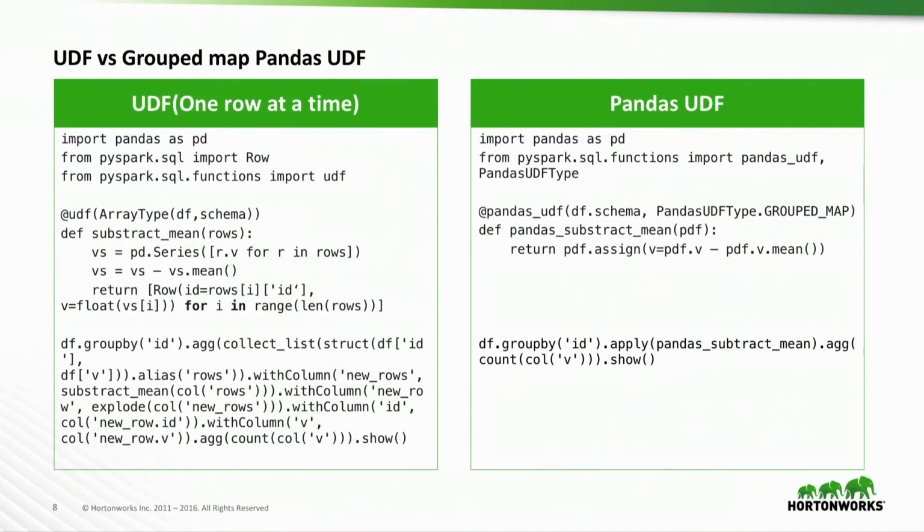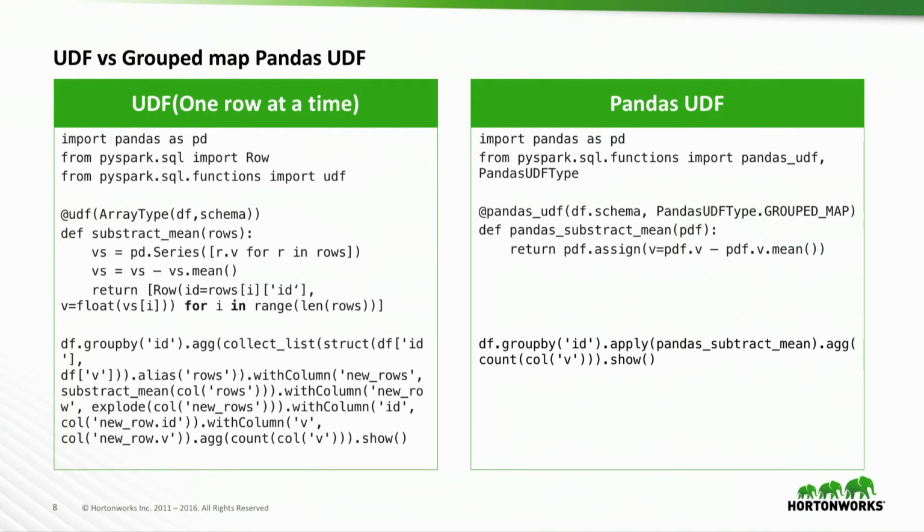And another kind of Pandas UDF is the group by map Pandas UDF. It will usually work with the Spark DataFrame group by operation, so it's more like a split, apply, and combine fashion. First, we will split the data into groups according to the group column, for example, the ID column in my example.